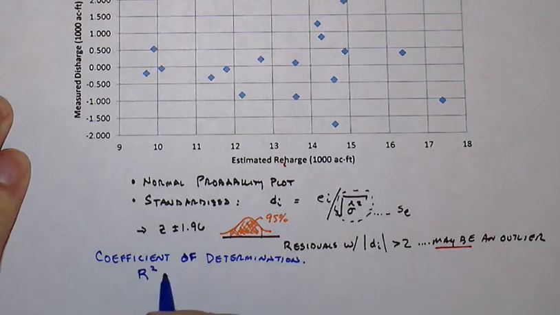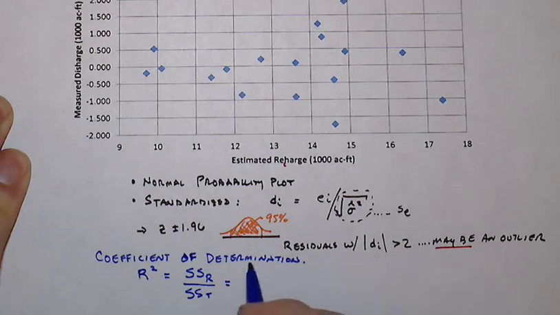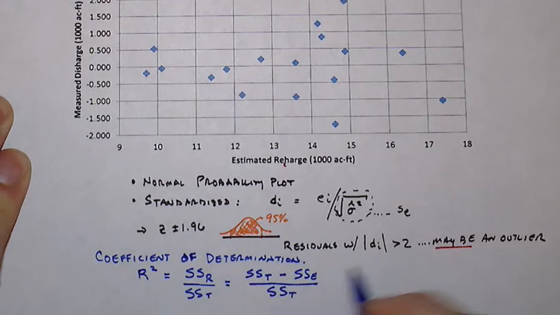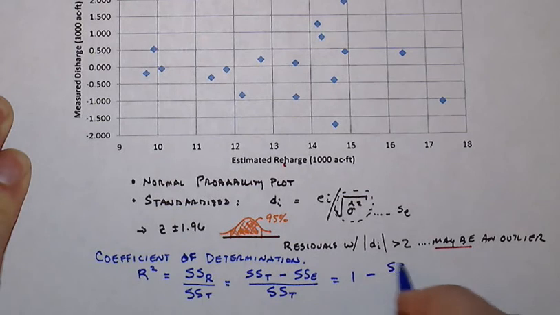It turns out to be the ratio of SSR over SST, where SSR is our regression sum of squares, which is the total sum of squares minus the error sum of squares. Or sometimes, from a calculation standpoint, we'll just write that as 1 minus SSE over SST.